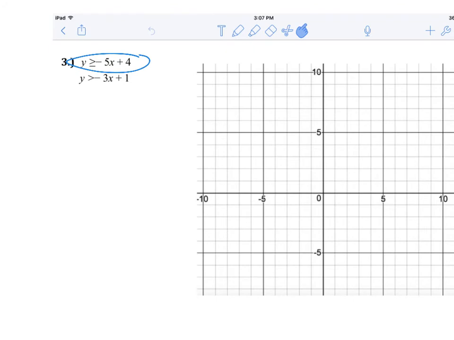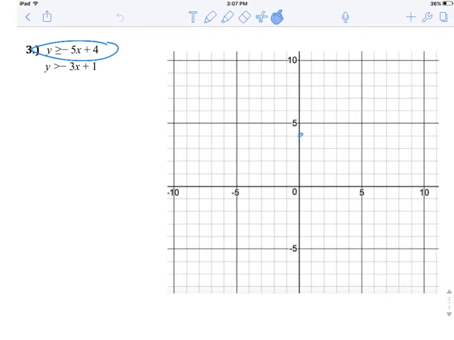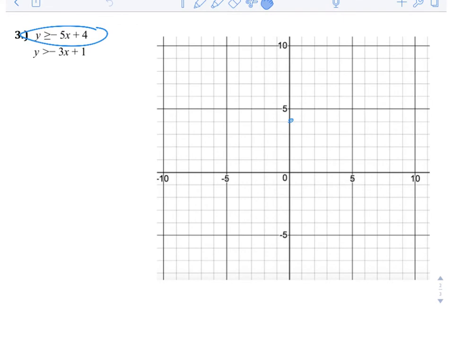So for example 3, we're starting at +4, because that's our y-intercept, and then our slope is -5. So we're going to go down 5, over 1 to the right. This is a solid line.